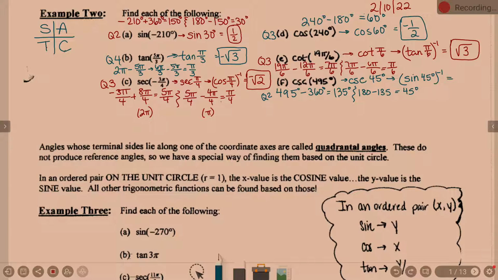Didn't we already do the reciprocal of this earlier? Yeah, previous problem. Sine of 45 is square root of 2 over 2. When you take the reciprocal, it ends up just being the square root of 2. Positive or negative square root of 2? Positive, because we're in quadrant 2 this time. That's my sine quadrant. So if sine's positive, then so is cosecant.